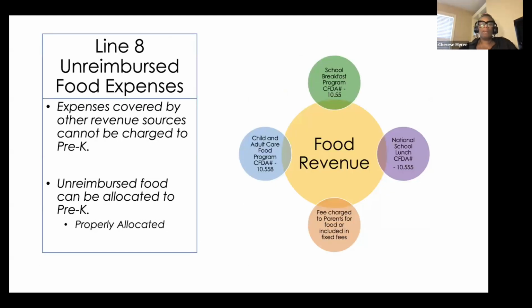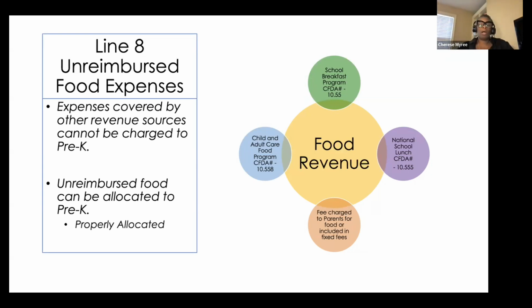So when it comes to unreimbursed food costs, one of the things that programs sometimes have a challenge with is identifying what's unreimbursed. The best way to look at this is what you have coming in as food revenue. What monies do you get as a program that are allocated to food?